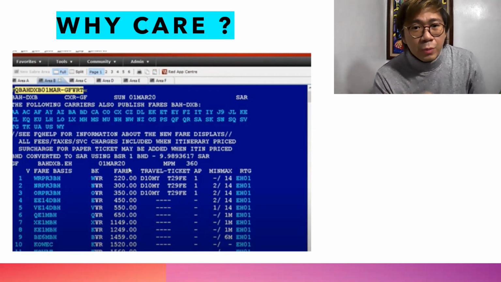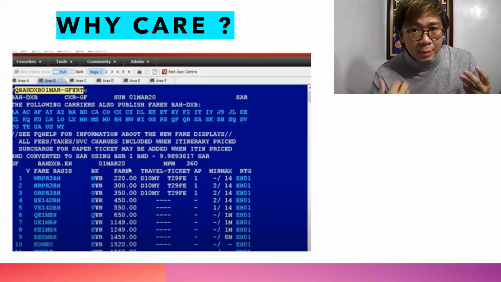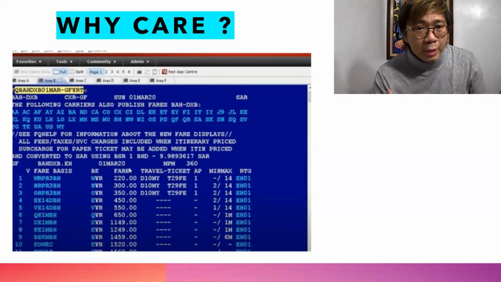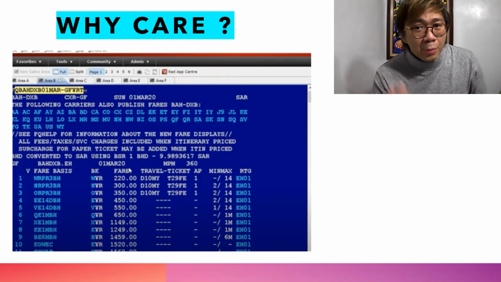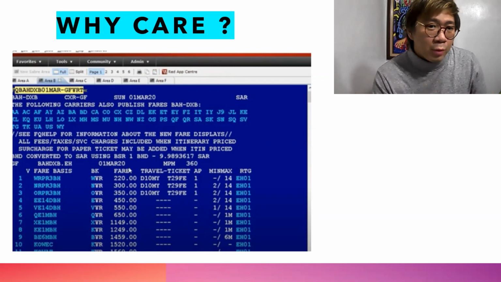Anyway, we're not here to discuss the system or the GDS. We're here to discuss the types of fares or types of journeys. Besides the type of fares we should know, before anything else, you should know what your type of journey is. How do you know if it's one-way, round trip, or circle trip? In this case, at first glance I already know it's a round trip.